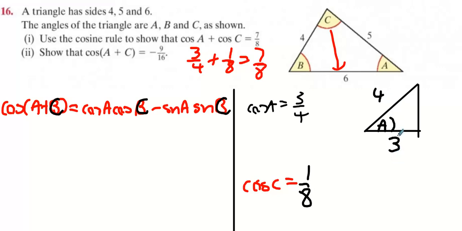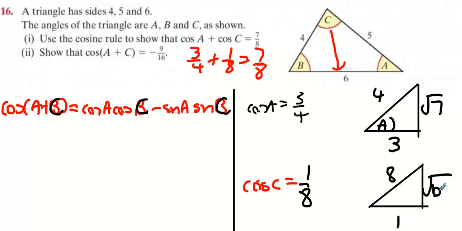You're going to get 16 take away 9, which is 7, which means the other side is root 7. And then on the other one, for C, we have 8 as the hypotenuse and 1 as the adjacent. 64 take away 1 is 63, so the other side has to be root 63.